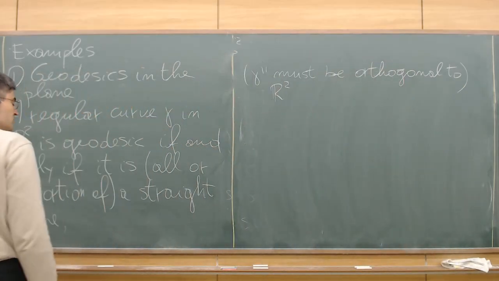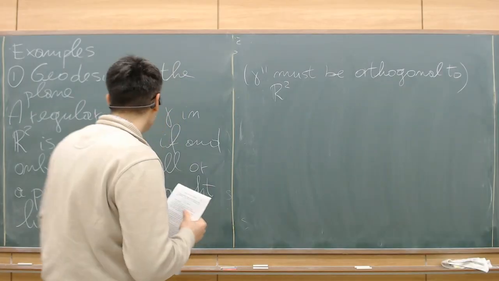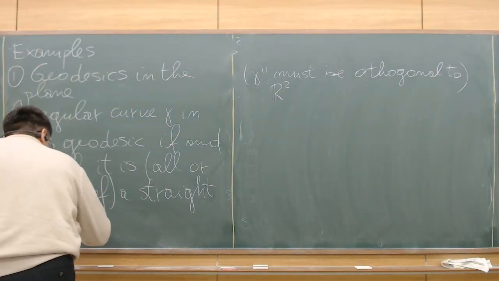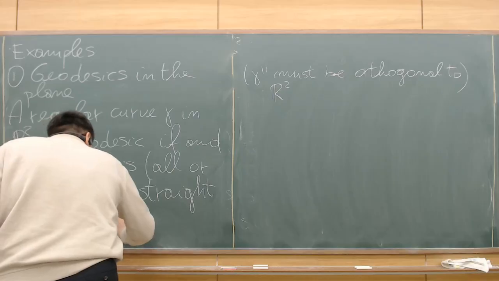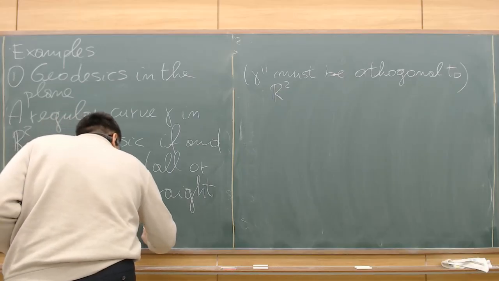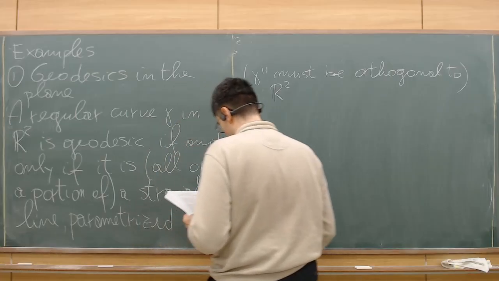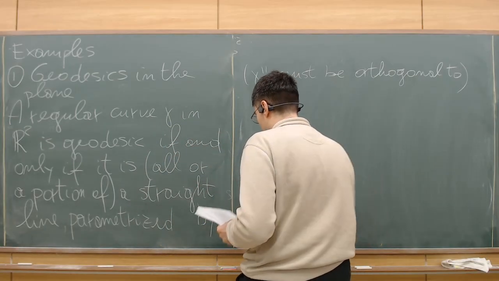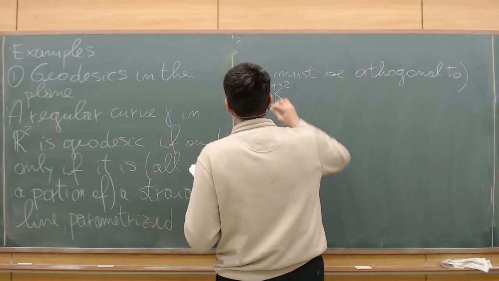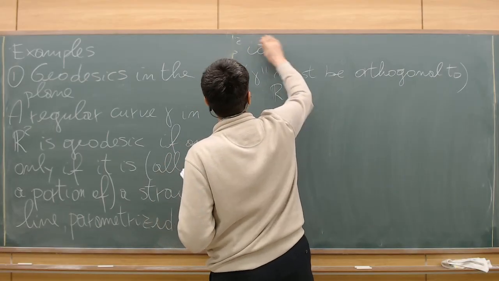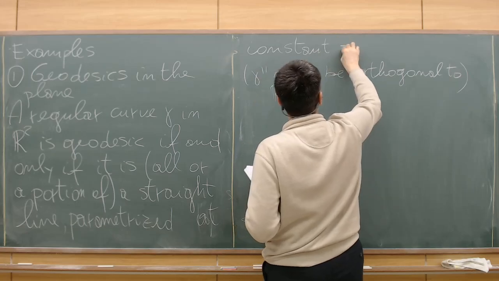And in order to have this condition satisfied, we will see in a moment that the line must be parameterized at constant speed.